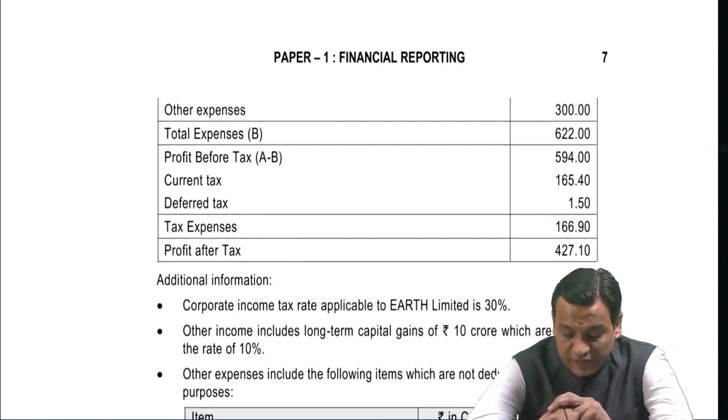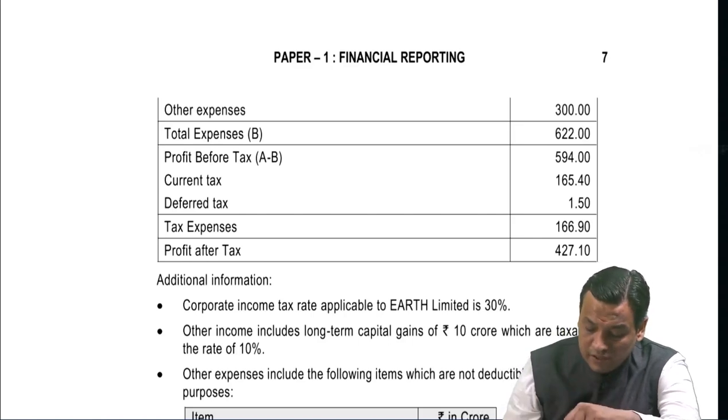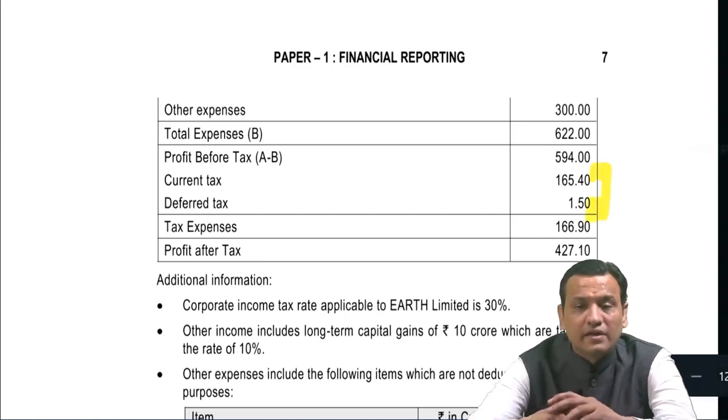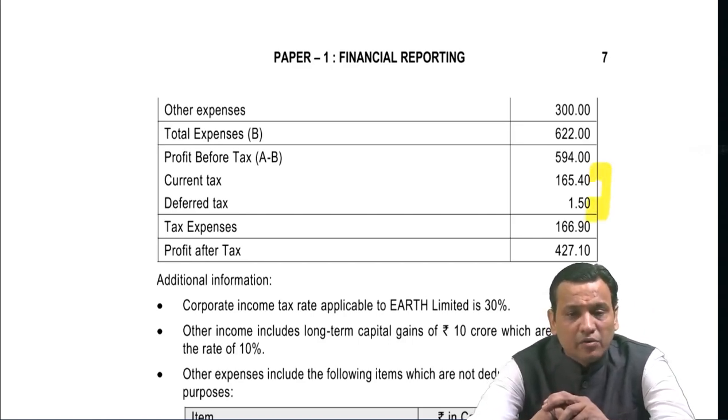Your profit before tax, that is nothing but A minus B, gives me 594. My current tax is 165.40, deferred tax is 1.50, tax expense is 166.90, that is nothing but the combination of these two. And my profit after tax is 427.10.